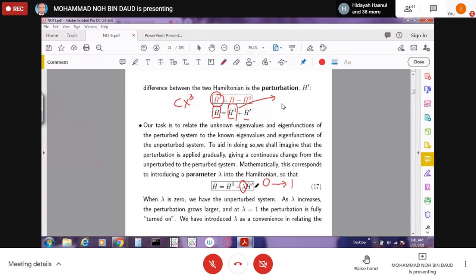If there is no perturbation, lambda is 0. When we fully turn on the perturbation, lambda equals 1, and that's what we got here.